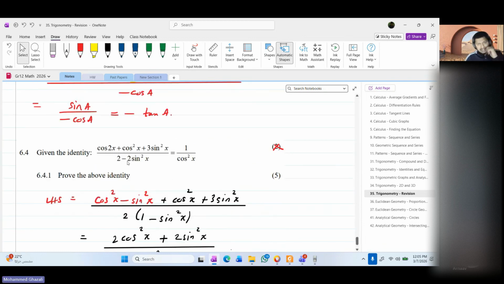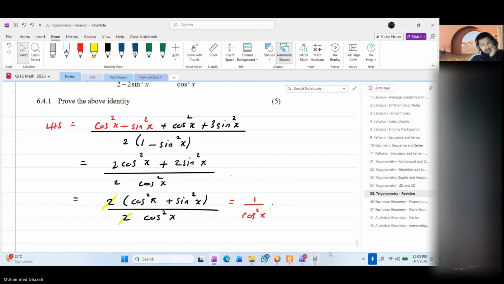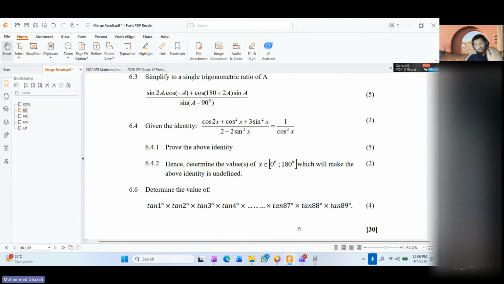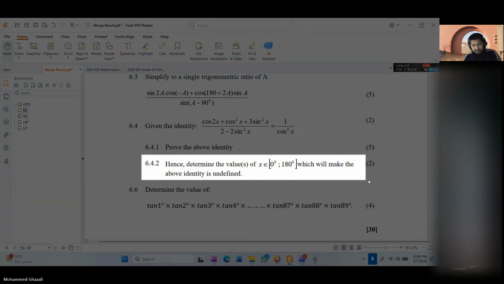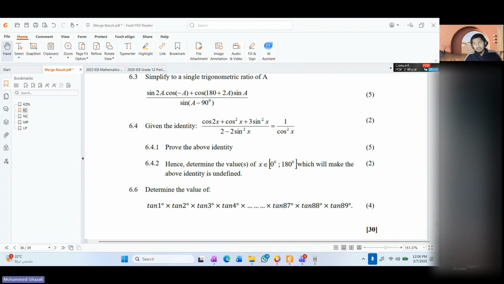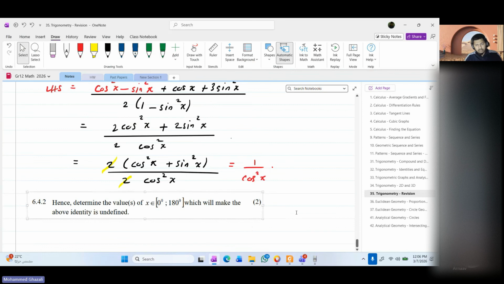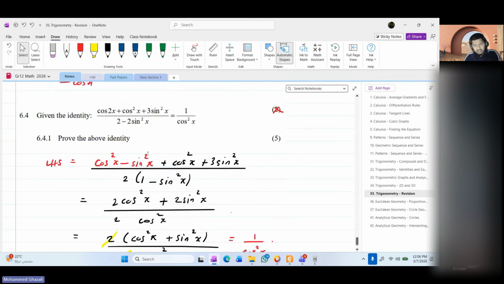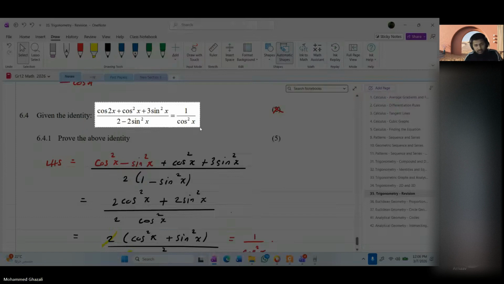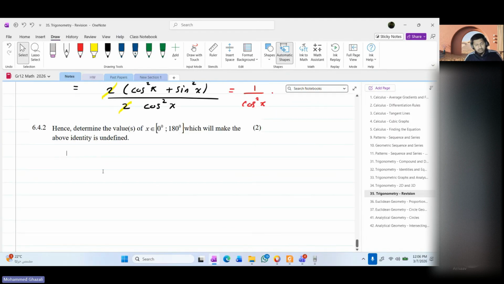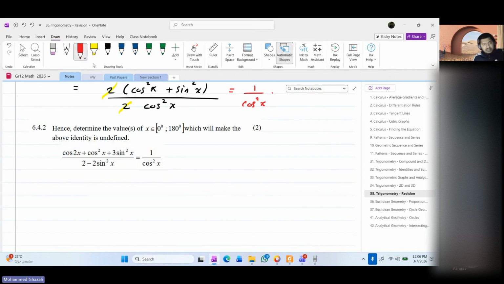Now, when will this identity become undefined? Now, very important is when they ask you this question, when will this identity become undefined? It will become undefined when each denominator is equal to 0. You have to set every single denominator equal to 0. What does undefined mean? Division by 0, right? So looking for invalid identities, or when will the identities become undefined? When this denominator is equal to 0 and this one is equal to 0.